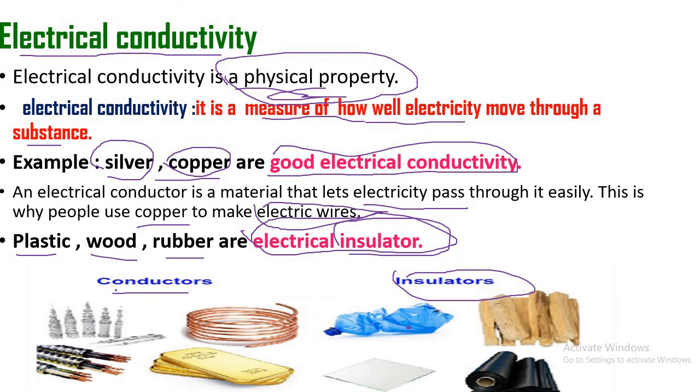While a good electrical conductor, like copper or steel, is a material that lets electricity pass through it easily. This is why people use copper to make electrical wire.